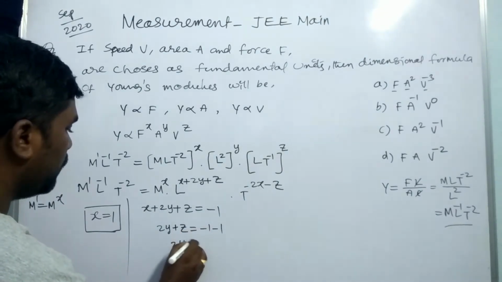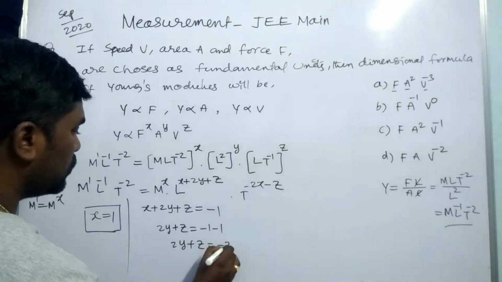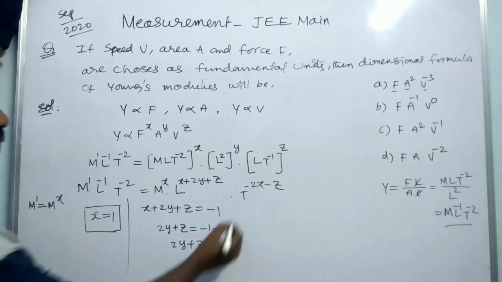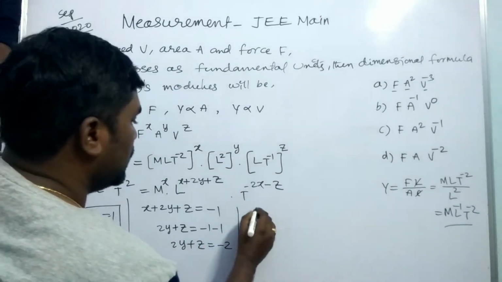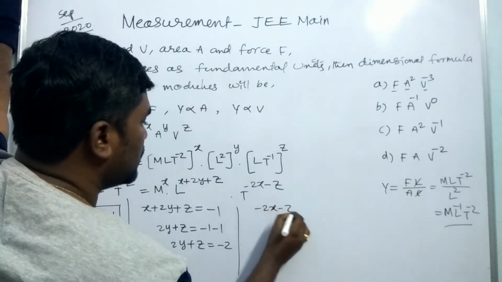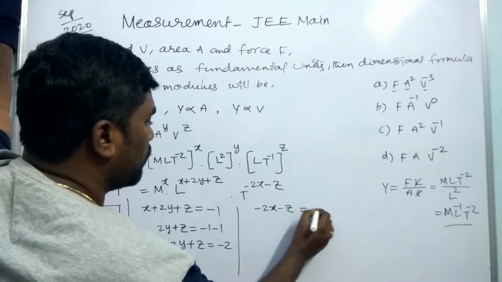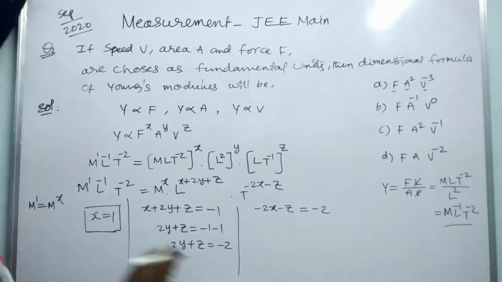So 2y plus z is equal to minus 2. Just keep this value. Now coming to the third one, that is minus 2x minus z, which is equal to minus 2, T power minus 2 here.